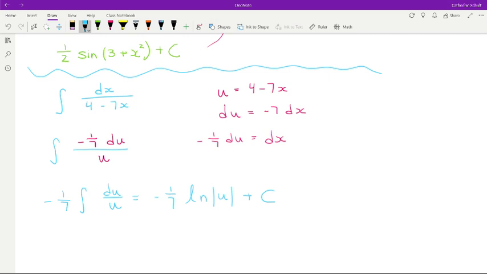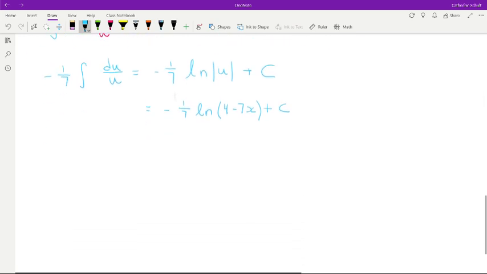And then what do we need? Since we started with x's, we have to end with x's. So it looks a little sloppy. All right, so there you go. Okay, let's look at another example.